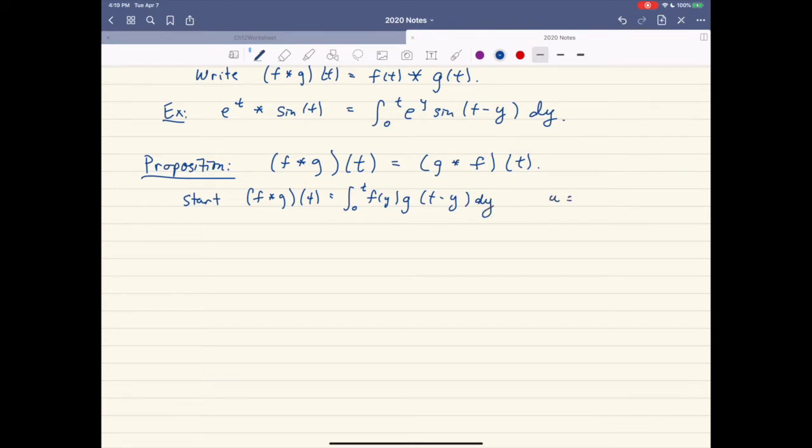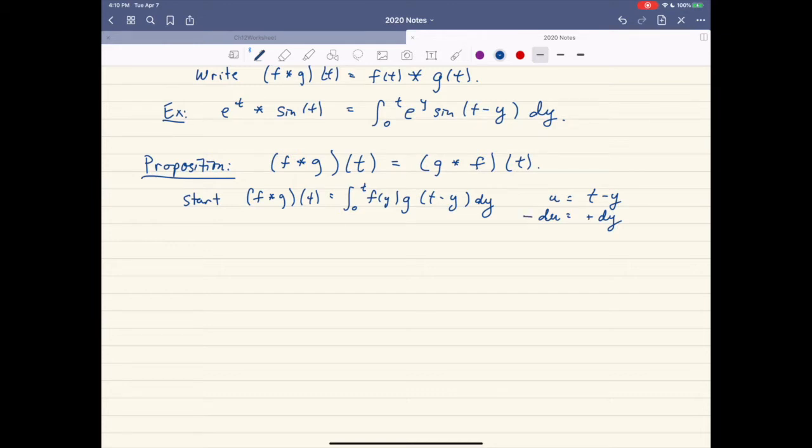I'm going to let u be t minus y, and then du is going to be minus dy, right? T is a constant, t is our input, so we can treat that like a constant. So du is minus dy. Really, that means that dy is minus du.